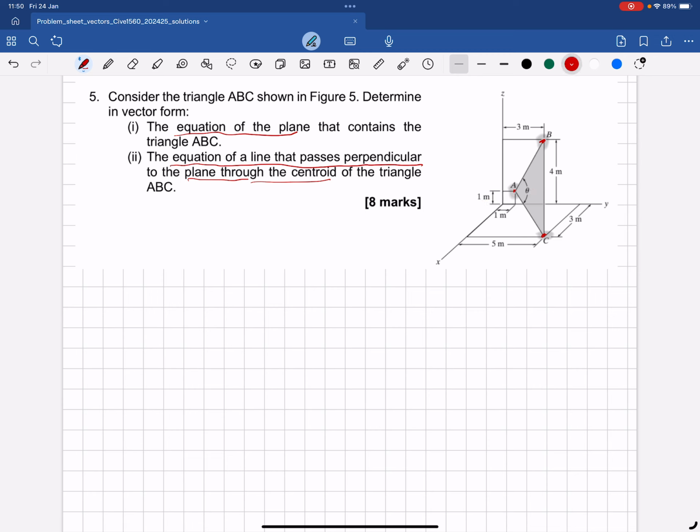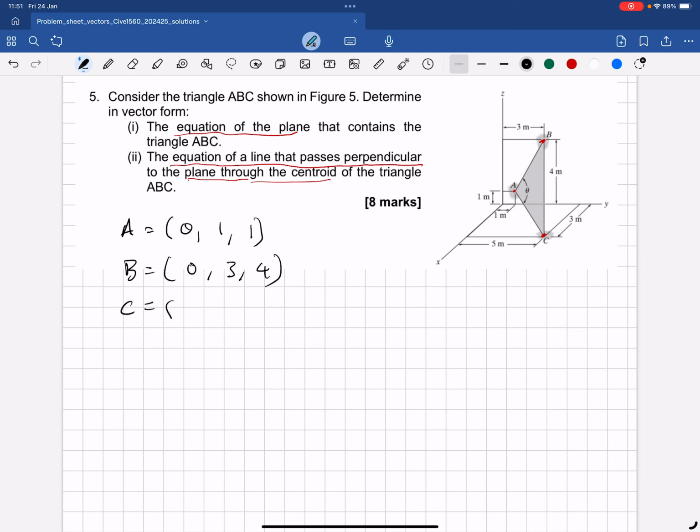Okay. So first thing to do, ensure you've got the geometry to hand. So we need to just write down the coordinates at the start. A equals 0, 1, 1. B equals 0, 3, 4.